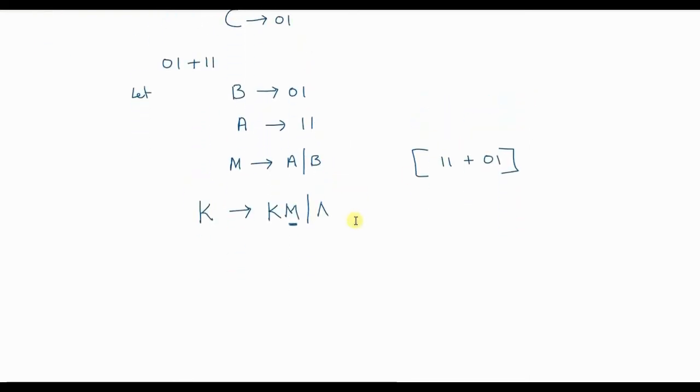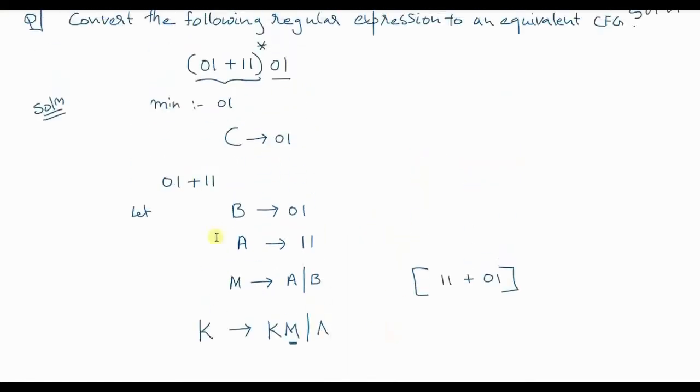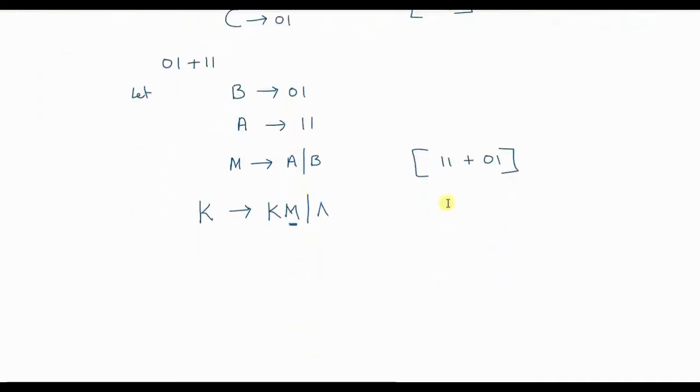Fine. So now please note this production C gives 0, 1. It takes care of the trailing part 0, 1. Production M is going to take care of 1, 1 or 0, 1, and further the K production is going to take care of 1, 1 or 0, 1 raised to star.